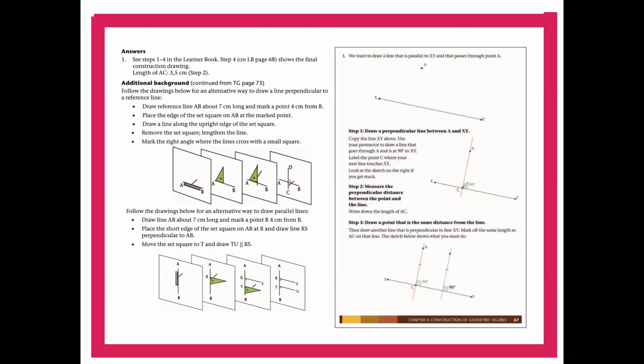Then you do the same for another point, taking XY as the baseline again and measuring 90 degrees, and then you know that that line and that line are parallel to each other.